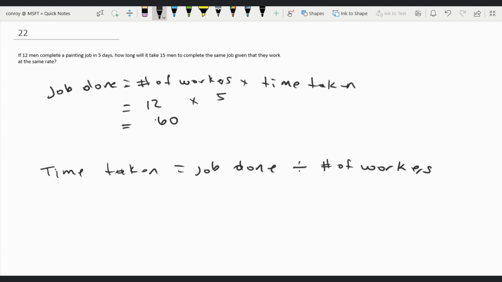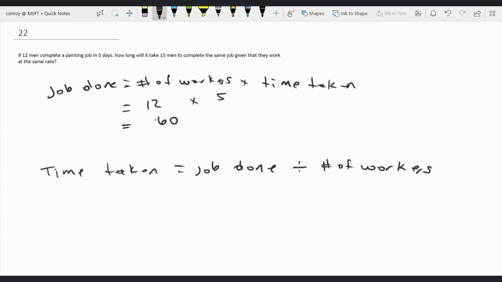If you want to find the time for the same job, what we need to do is divide the job that was completed by the number of men who will complete that job, right?